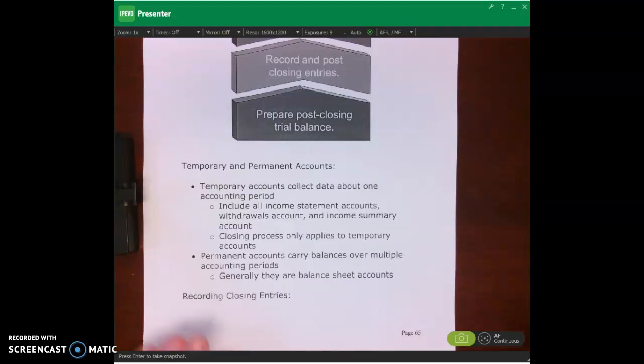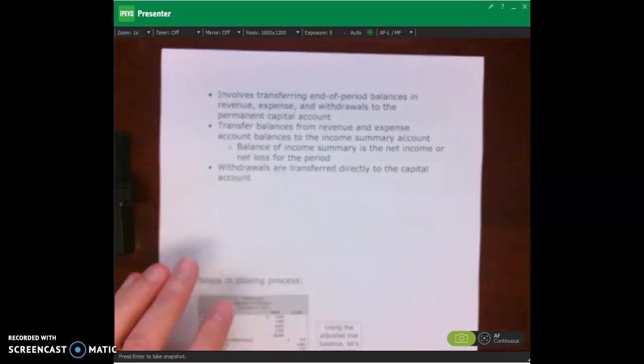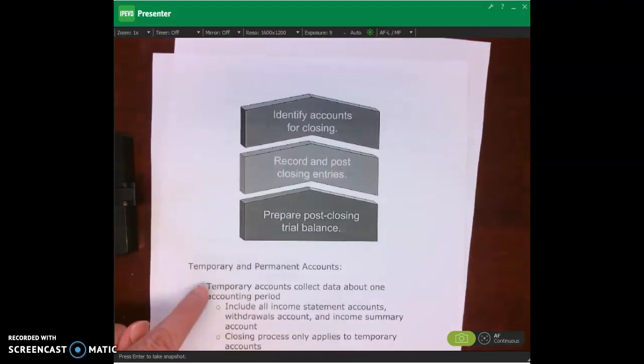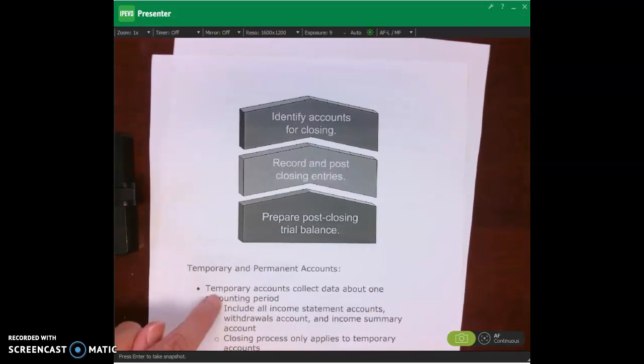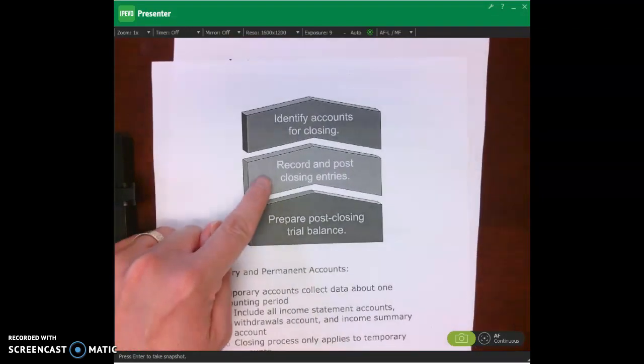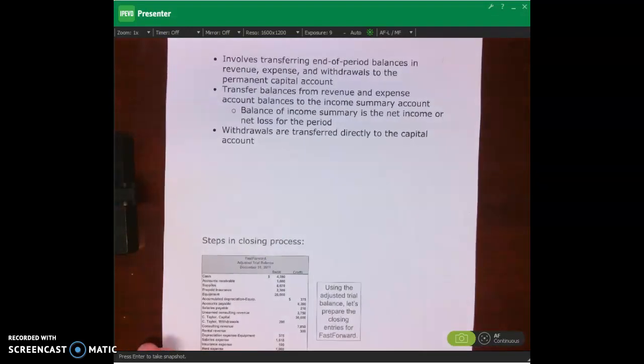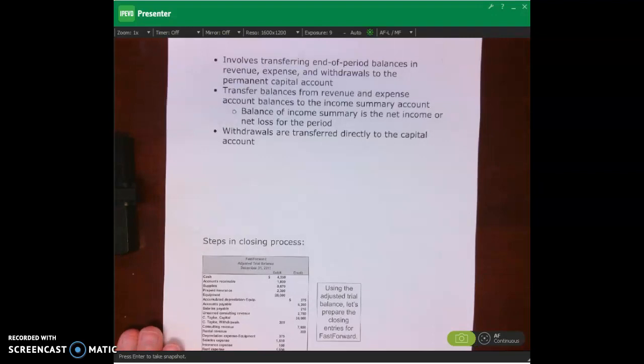All right. So when we look at the next page, recording our closing entries, we start with identifying accounts for closing: temporary accounts, not permanent accounts. Those are the accounts that will close. We're going to talk about this step now, recording and posting our journal entries to close out our accounts.